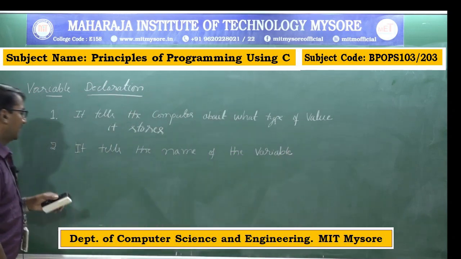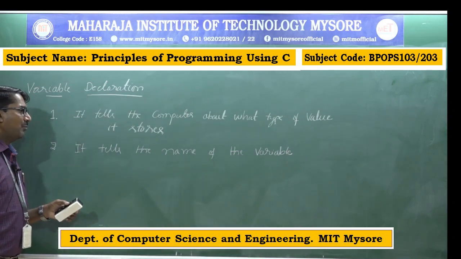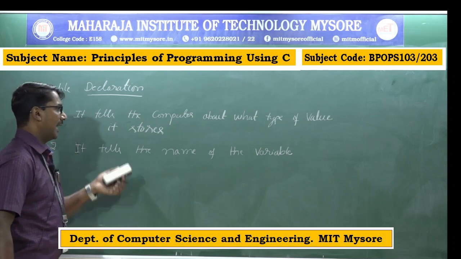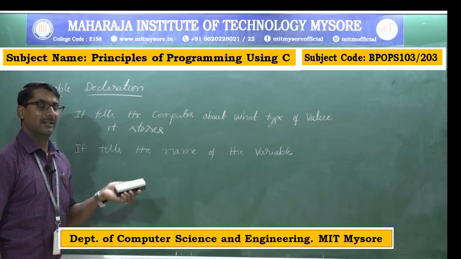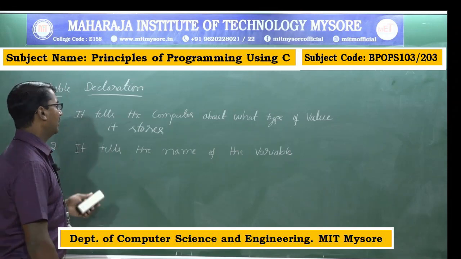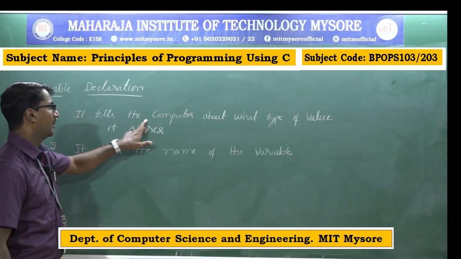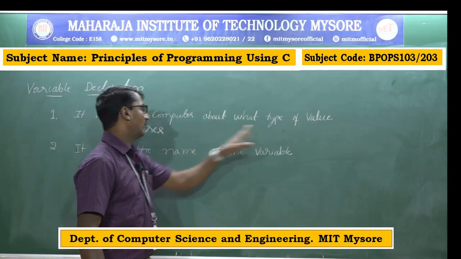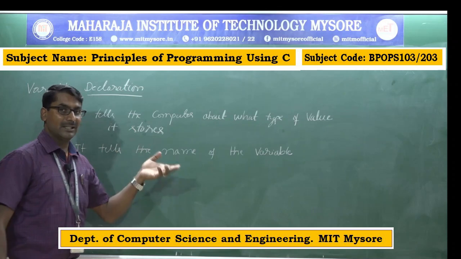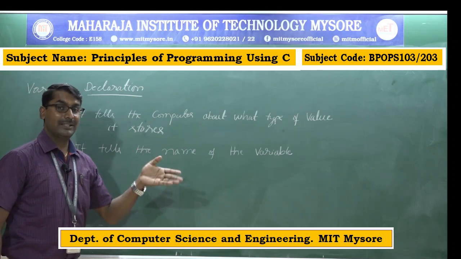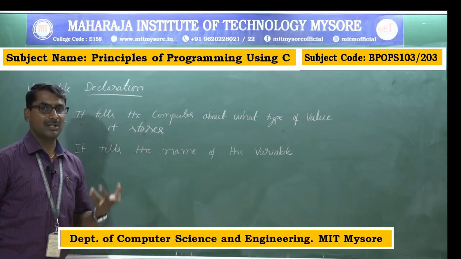Second one is it tells the name of the variable. So these two things are specified when declaring the variable. First, it tells the computer what type of value it stores; along with the type, it also specifies the size or range of the value.